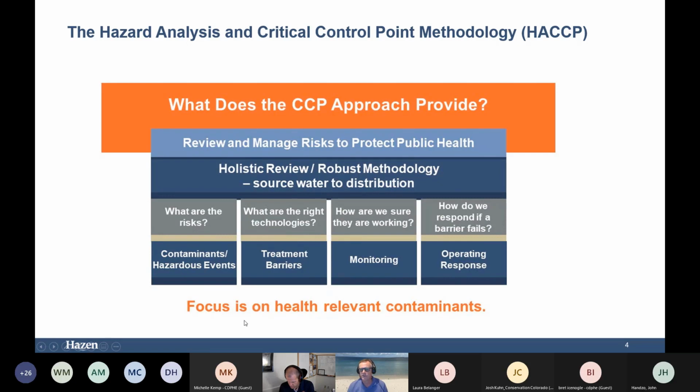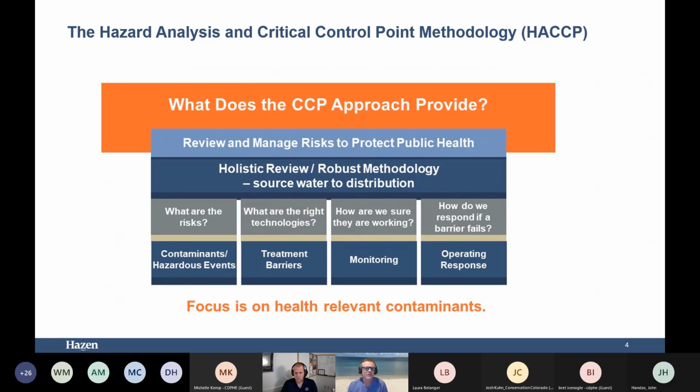This last comment here is the focus on health-relevant contaminants. It seems obvious, but as we work through the process of selecting critical control points and thinking about critical control point monitoring, HACCP kind of helps us to focus on what is important to public health and differentiate from some of those things that might be important from an operational standpoint.